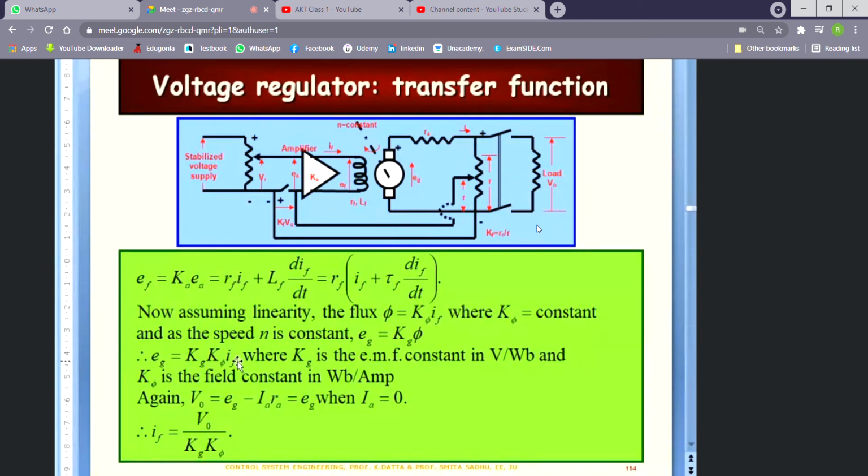So that IF is equal to EG by kg k phi, right? So IF is equal to EG by kg k phi from here, and EG is also equal to VO. So basically IF becomes equal to VO by kg k phi. So this is what we get.